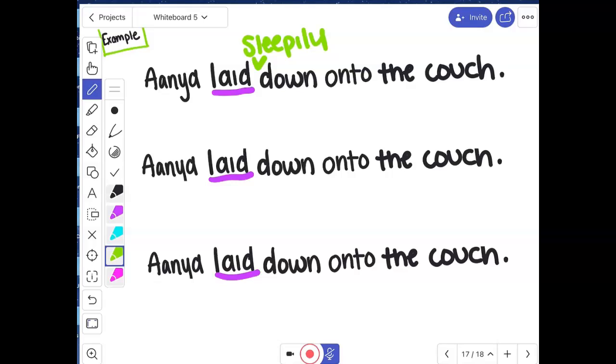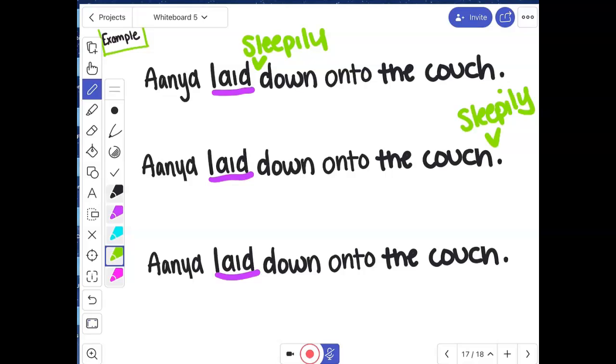So I can put it right after. I could also put it at the very, very end. Anya laid down onto the couch sleepily. Still an adverb. Still describes how she laid on the couch.